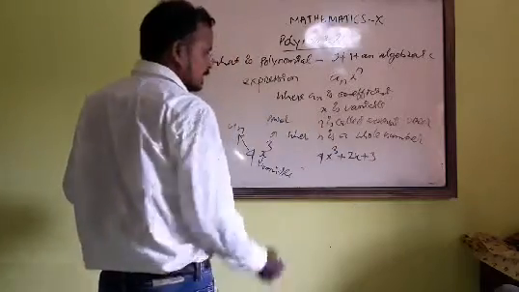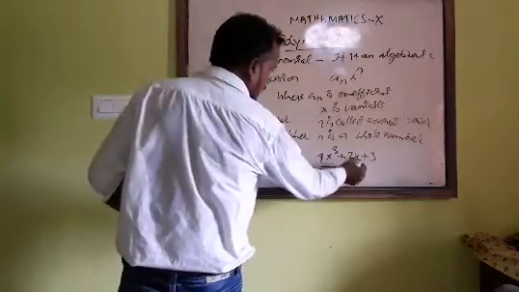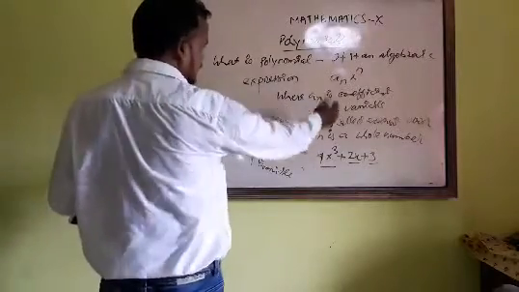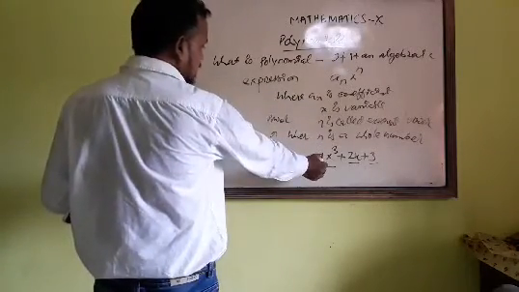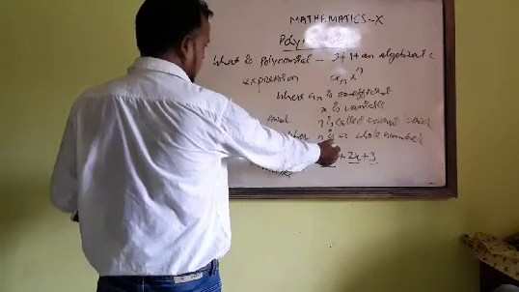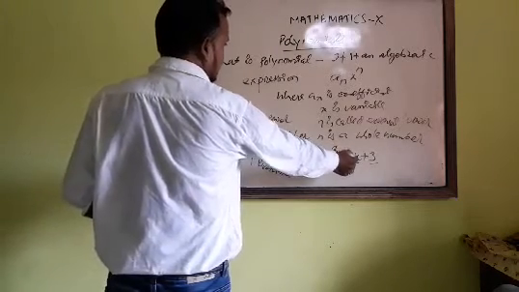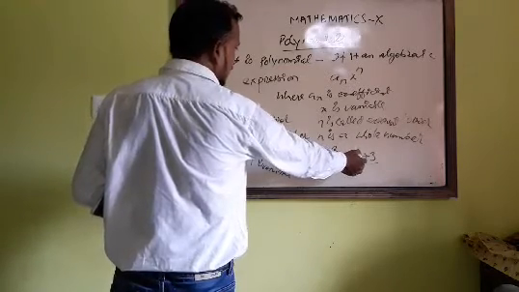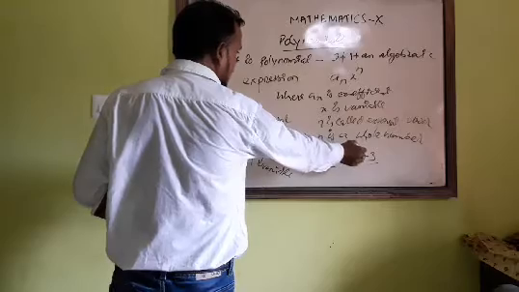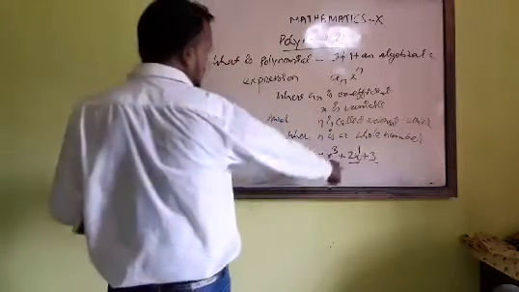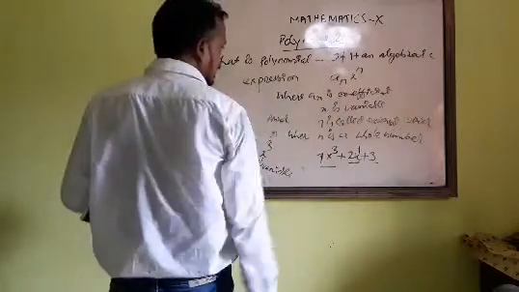Please observe here each term. Each term is of the form a_n x to the power n. Here in the first term a_n equal to 4, x is variable, and n equal to 2. In the second term a_n equal to 2, x is variable, and here power is not written. Generally we do not write it, it is power 1. So it is also of the form a_n x to the power n.